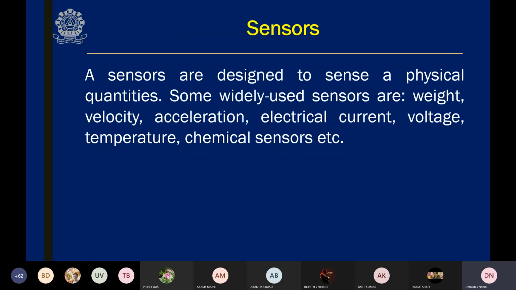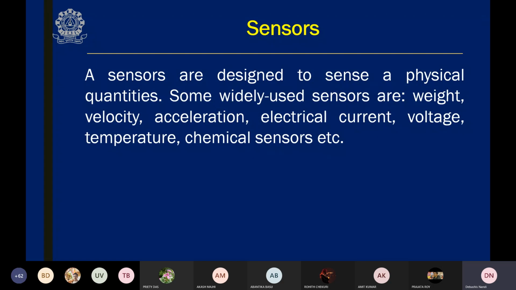Okay, so there are different types of physical quantities which we can sense. The sensor will sense the physical variable or physical quantity, which may not always be electrical. However, the sensor will sense that particular physical quantity and then convert it into electrical form.